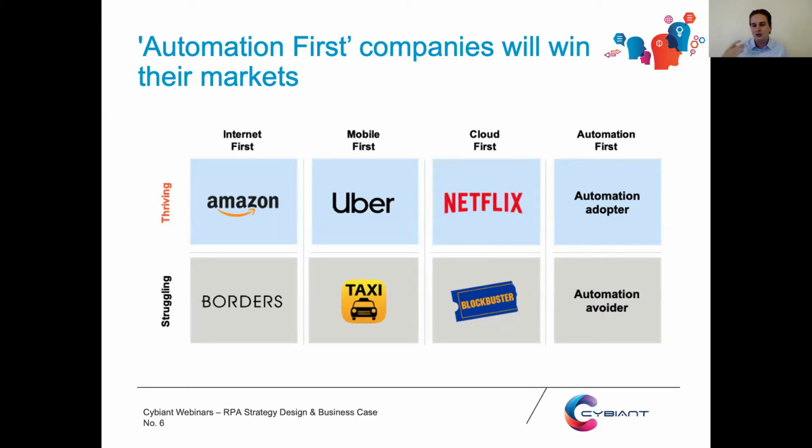So we had this huge first wave with the internet, and then came mobile, and then came cloud. And you see that all of the companies that went onto this bandwagon early are now considered the leaders in the industry. Whereas, as you see at the bottom of the slide, there are a number of companies that didn't make this transformation quickly enough, and they are now really struggling to keep up with that technology.